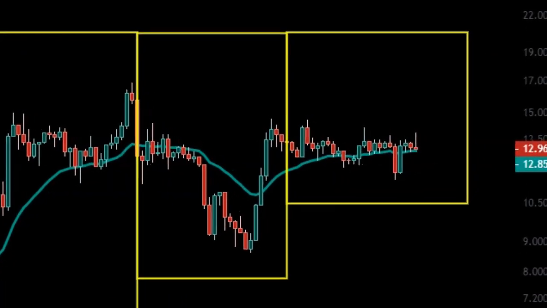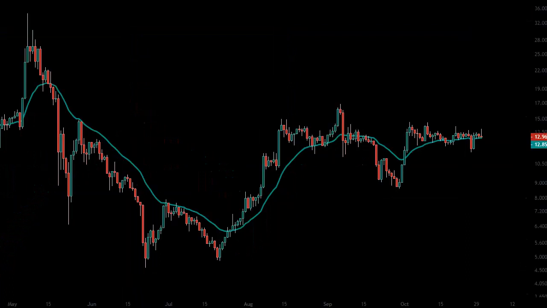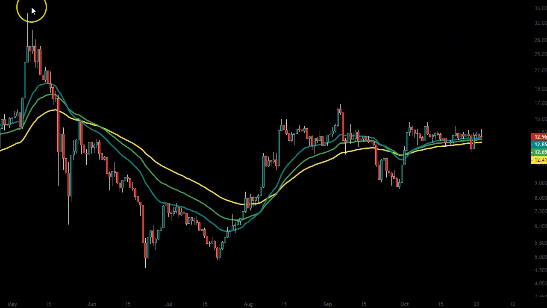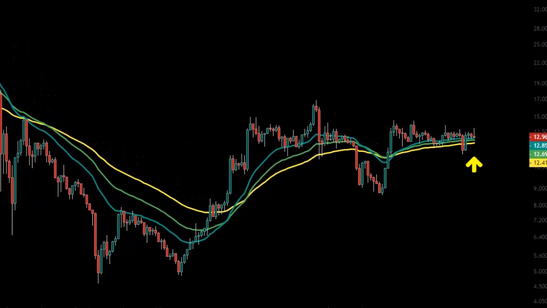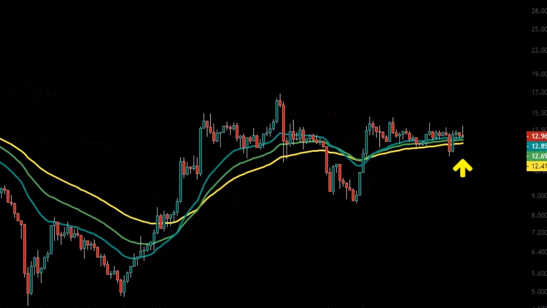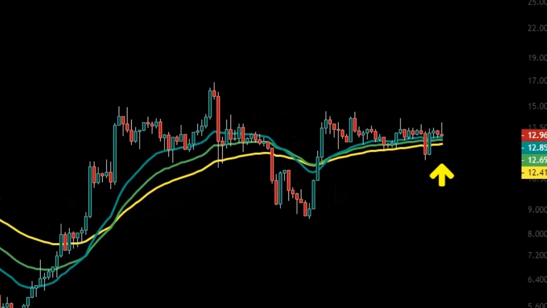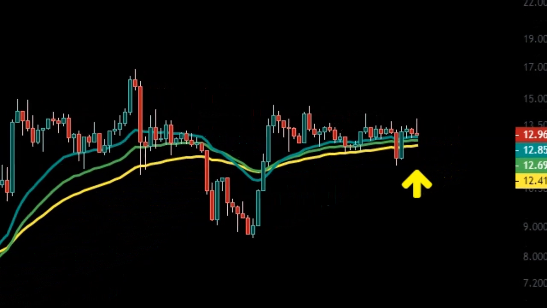And not only regarding the 21 exponential moving average, it's the matter of 34. We are also above it. It's the matter of the very important one, 55. The price is clearly above it. So there is a lot of support beneath the price. This is bullish. This is showing me signs of strength. Something big is about to happen.